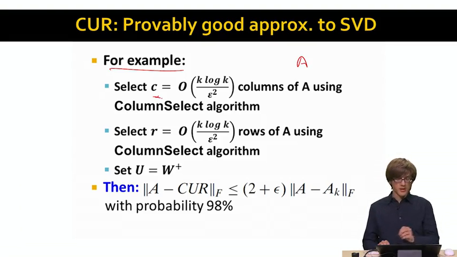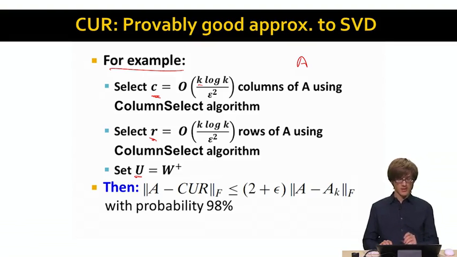I sample C columns, where C is of order k log k divided by epsilon squared. I also select R rows, where R is k log k divided by epsilon squared. So I sample columns, I sample rows, and I compute my U to be the pseudo-inverse of W, the intersection.